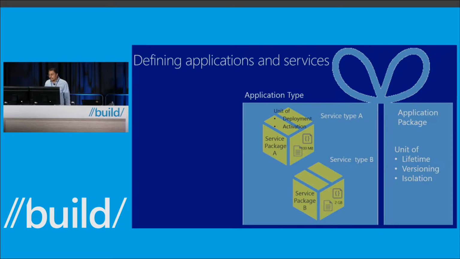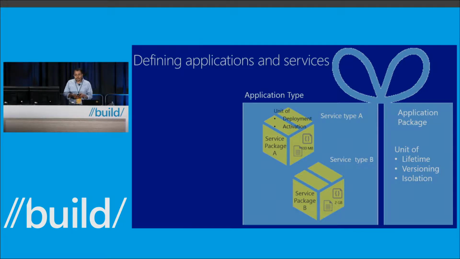All three can be independently upgraded and deployed, so these can be separate service packages of their own. In this schematic, one of the packages is 100 MB and the other one is 2 gigs. The reason I took these extreme examples is that a lot of times you don't want to touch the 2 gig service package because I have problems failing them over.